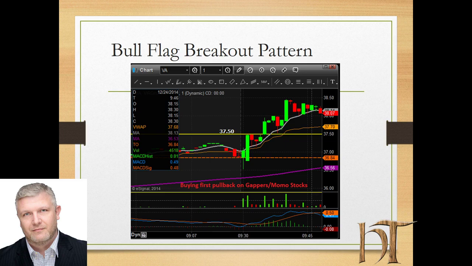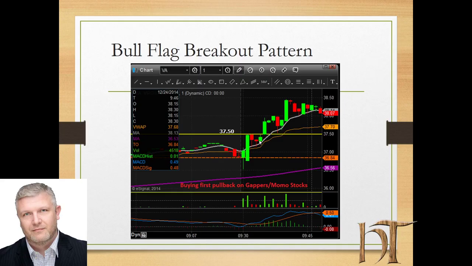So buying right here on this green candle, right as it makes a new high above this previous red candle. That's the break of the bull flag, and you can see that as we do that, there's a spike in volume because people are seeing this bull flag forming.